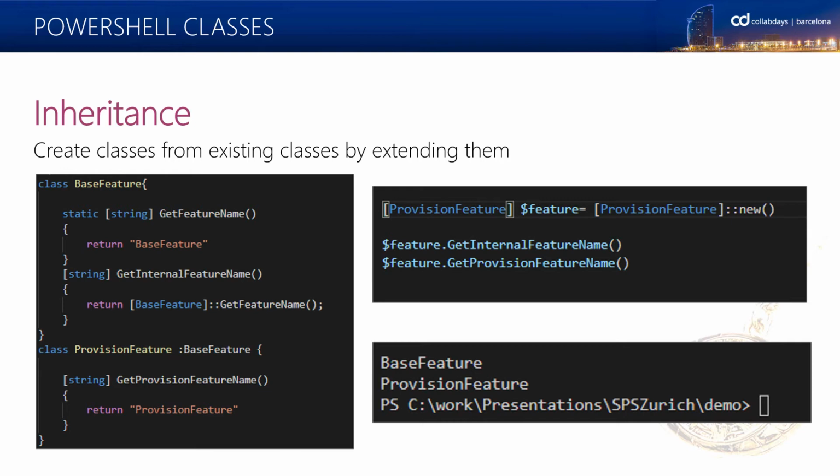The provisioning feature itself has an internal method, and basically can use the methods from its parent. Okay, nothing fancy here. Again, it's kind of useful to use this kind of mechanism within PowerShell.